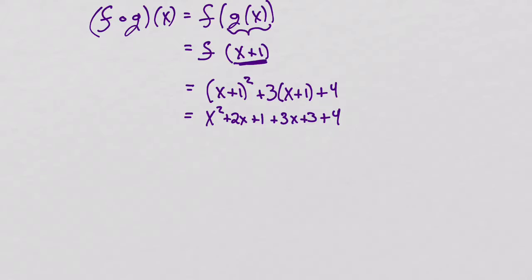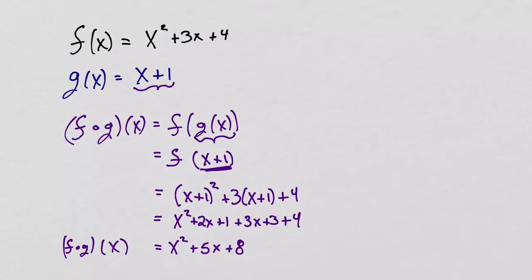From here, we combine like terms, and we'll end up getting x squared plus 5x, because we have 2x plus 3x. And that leaves us 1 plus 3 plus 4, which gives me a positive 8. So, f composed g of x equals x squared plus 5x plus 8.